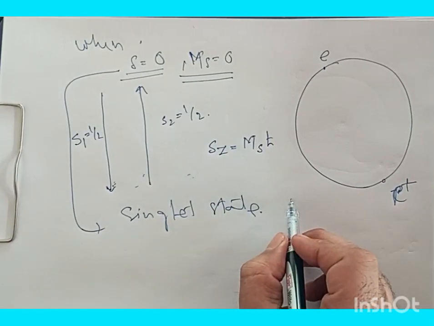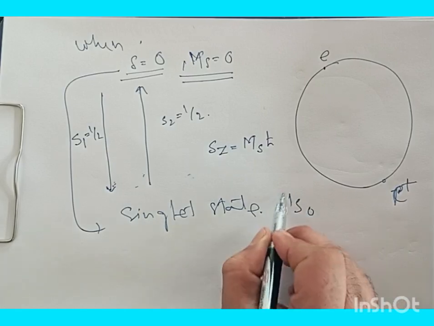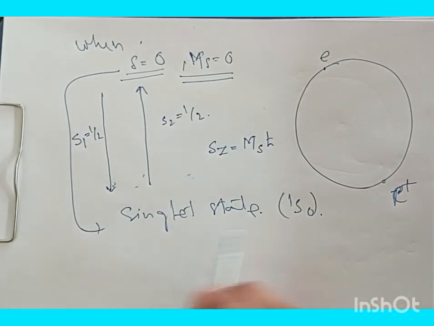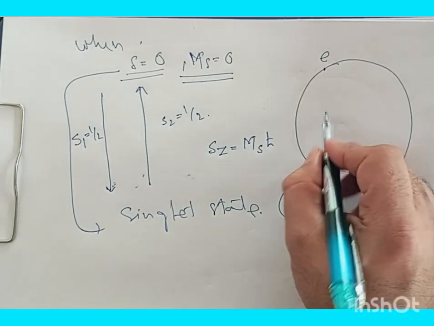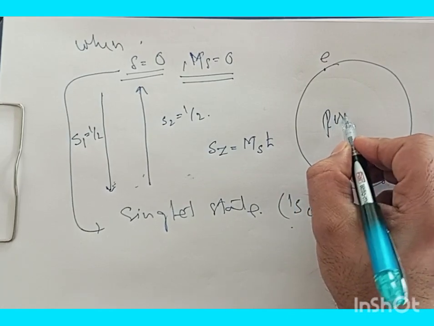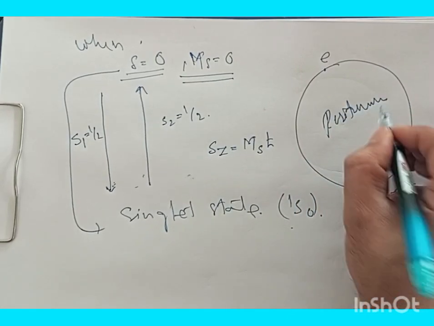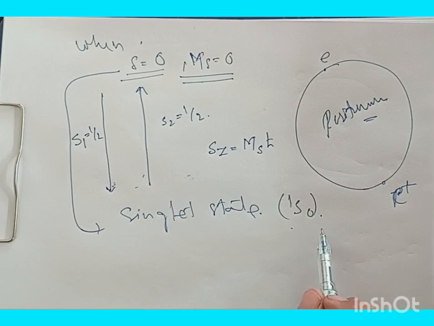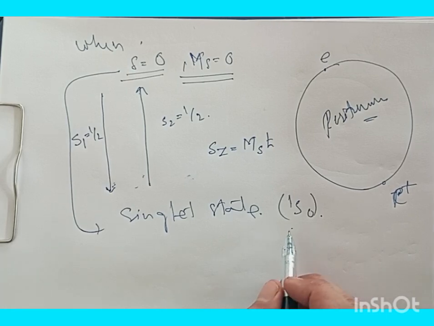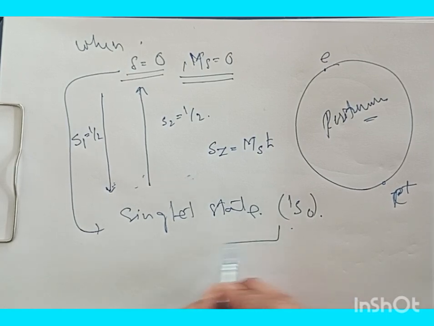This singlet state can be written as 1S0 of the positronium. This state of the positronium is also known as para-positronium.